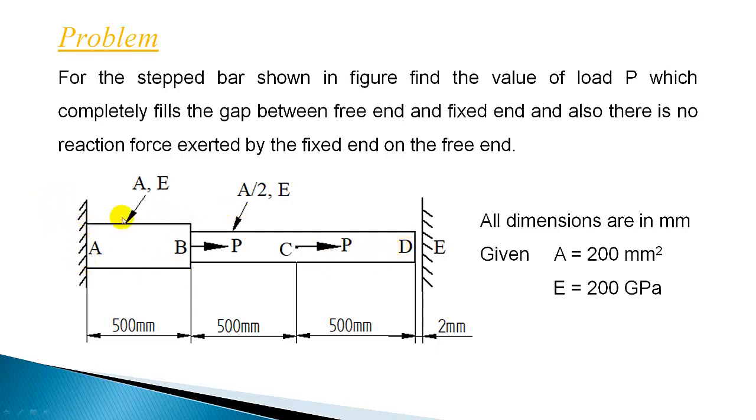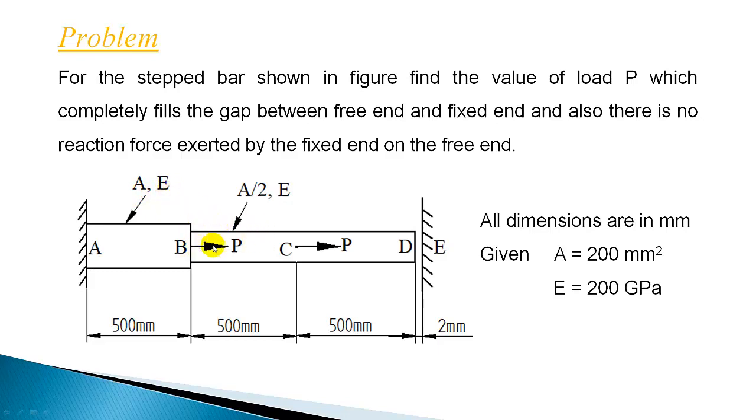Now, section AB, the area is A and Young's modulus is E. All the dimensions given are in mm, and A is 200 mm square and Young's modulus is 200 gigapascal. So when A is 200 mm square, this particular section AB has an area of cross section 200 mm square and Young's modulus 200 gigapascal.